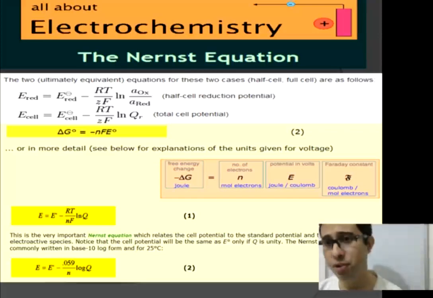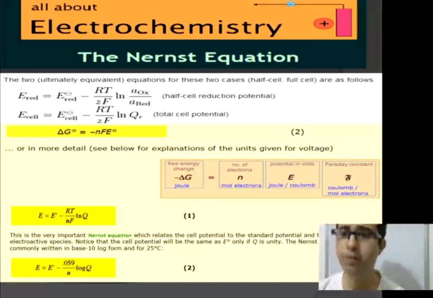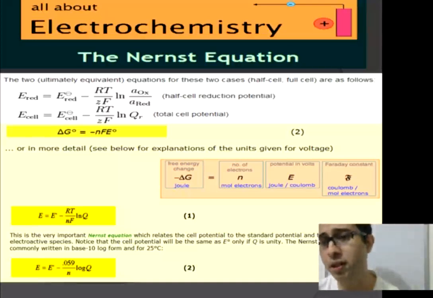In the last equation, highlighted in yellow, it says that E equals 0.059 by N log Q, where we have substituted all the constants, leaving only the number of electrons transferred, which is a variable depending on the equation. If you put a logarithm to the base 10 and substitute the ln, you will have a 2.303. The R value is constant, 8.314.